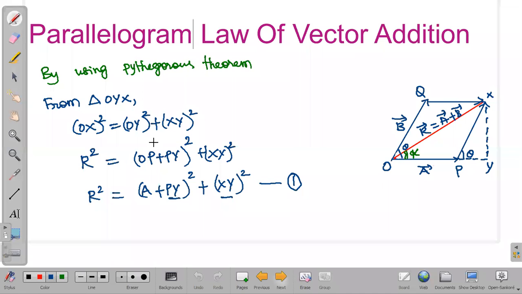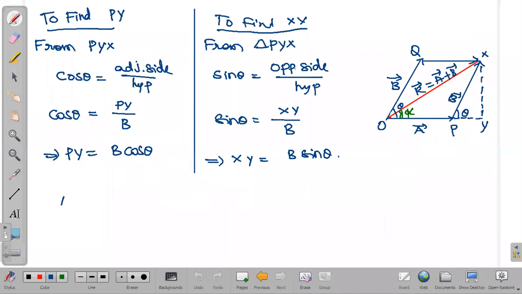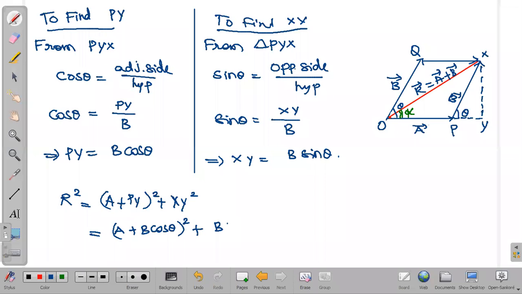If I substitute, A is our given vector, PY is B cos theta, whole square, plus XY, which is B sin theta, whole square, right?